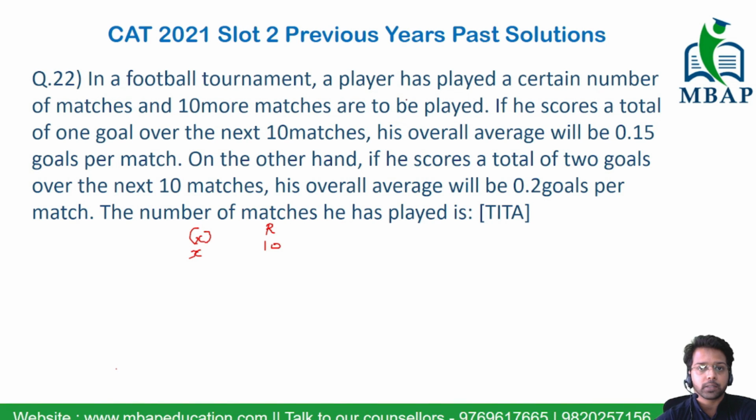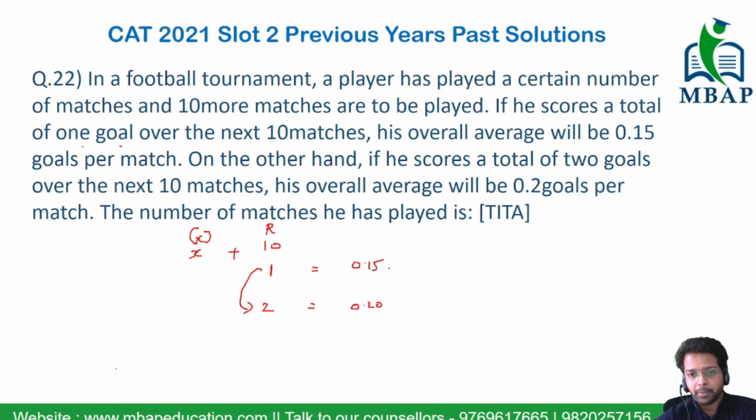Now the question says, if he scores a total of 1 goal over the next 10 matches, my overall average will become 0.15 goals per match. On the other hand, if I put 2 goals in the next 10 matches, my overall average will become 0.20 goals per match. Clear?